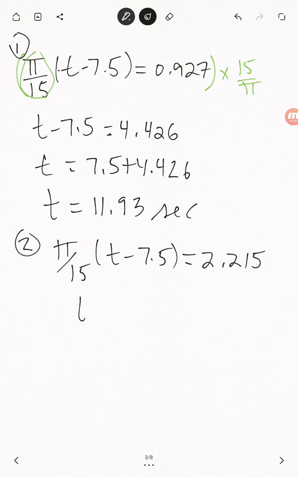I'm just going to jump straight to the answer, which I have, let me see here, 2.215 times 15 divided by pi, 18.10 to the nearest hundredth, or 18.1.